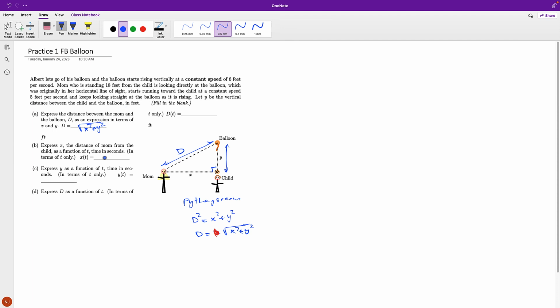Let's go back and see what the information is telling me. Mom is standing 18 feet away, so the original distance is 18 feet, but she starts running, and at any time t the distance is changing. She starts running toward the child at 5 feet per second.